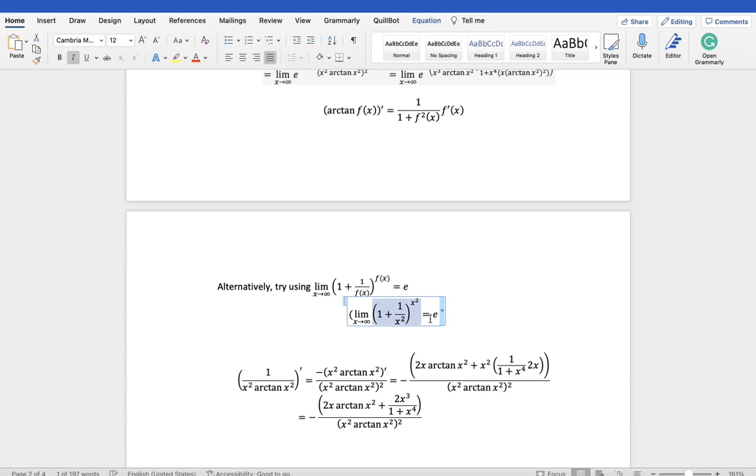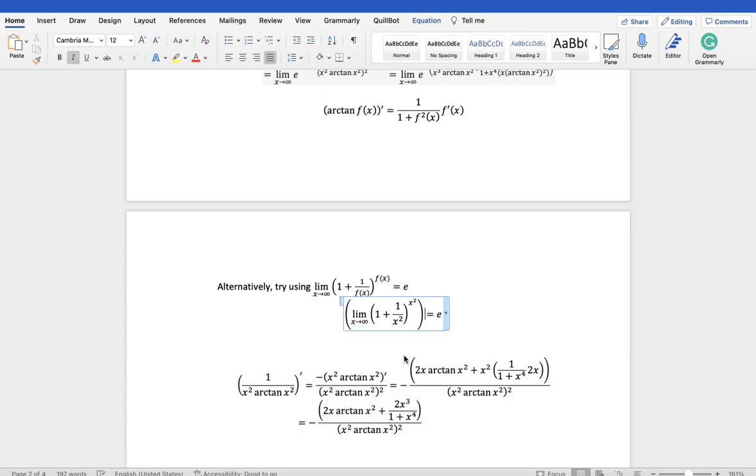So on both sides of this expression, you can put the fact that this is equal to e, and you can bring that to the exponent of arctan x squared, right?